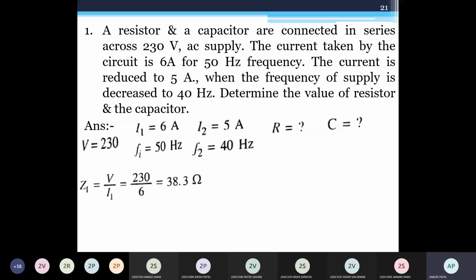Okay, so we know Z1 is equal to V by I1, so that is 230 by 6. Z2 is equal to 230 by 5, 46 ohm.